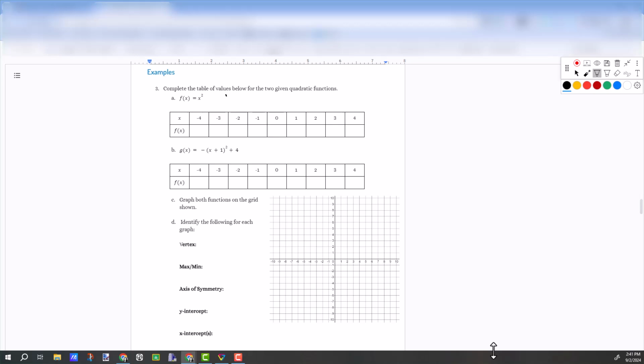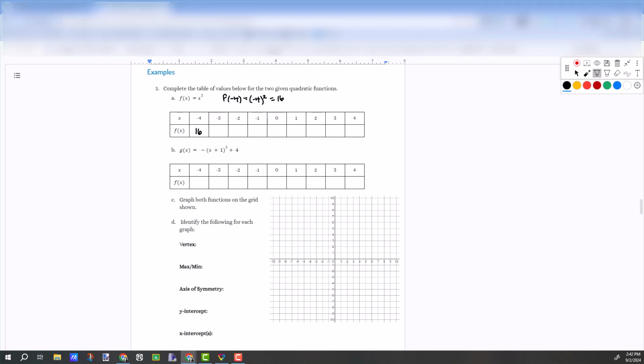And so if I just do that up here, f of -4 equals -4 squared, and that equals -4 times -4 is a positive 16. And I'm going to do that for all of these here.